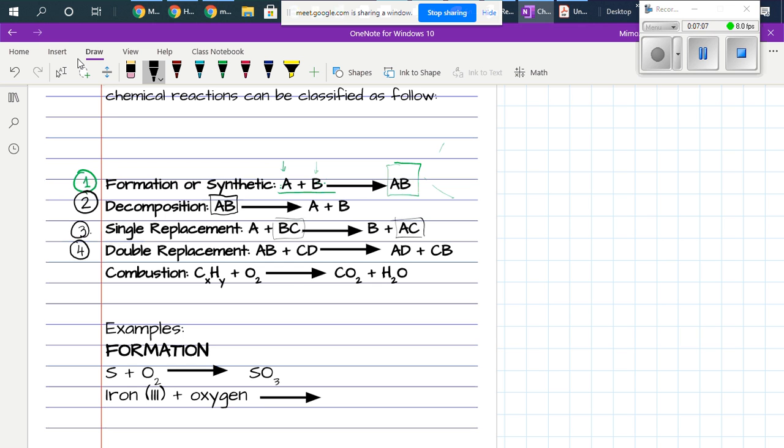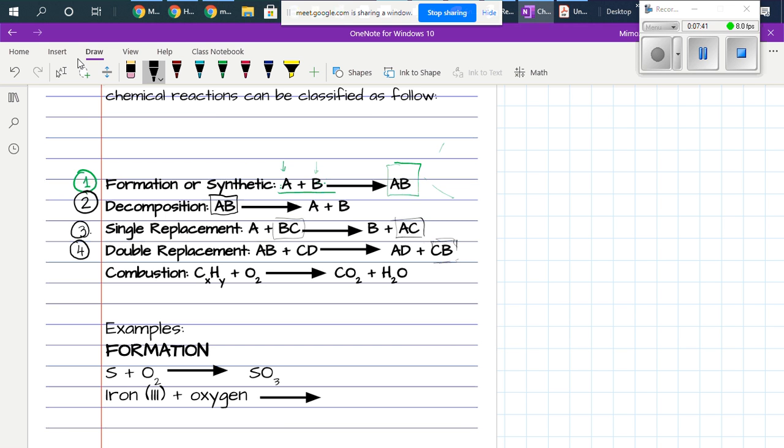So now they are switching places to form two new compounds. Acid and base is the best example. Two ionic compounds are switching the metals and switching the non-metals together so that they form two new ionic compounds.